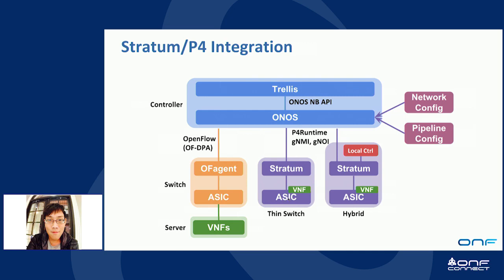And then also, you will notice that I write a small VNF over here, because with the programmable pipeline, we can actually implement VNFs on the ASIC directly instead of going through a server. We can now move the VNF to the ASIC. For example, the one example I mentioned is the GTP encapsulation and decapsulation in mobile network.